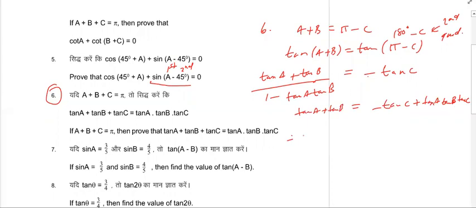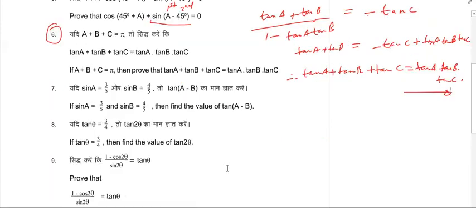Therefore tan a plus tan b plus tan c is equal to tan a times tan b times tan c, which completes the proof.